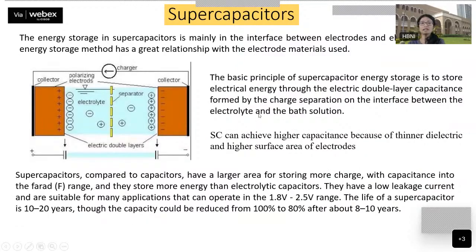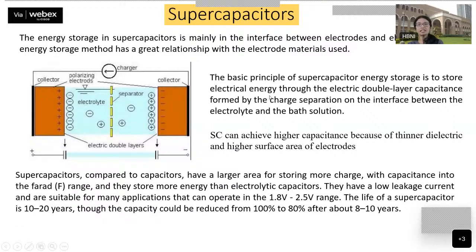So what is a supercapacitor? The energy storage in supercapacitors is mainly in the interface between the electrode and the electrolyte. So this interface between the electrode and electrolyte is the main reason that energy storage happens. This energy storage method has a great relationship with the electrode materials which are used. So what is the basic principle?